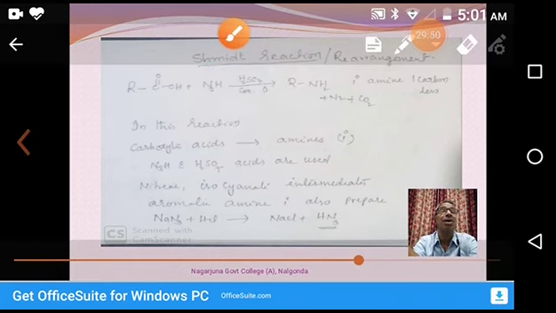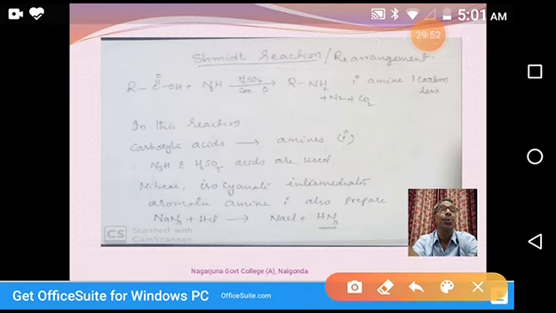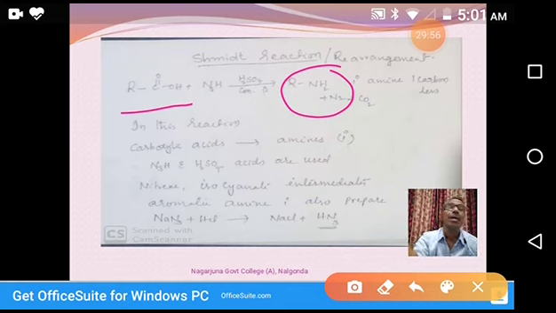Acids are converted into amines. In the first case, phthalimides; in the second case, amides. In this case, acids are converted into amines with one carbon less. You can also say it's a degradation, one carbon less. Not degradation exactly, it's changing its functional group.